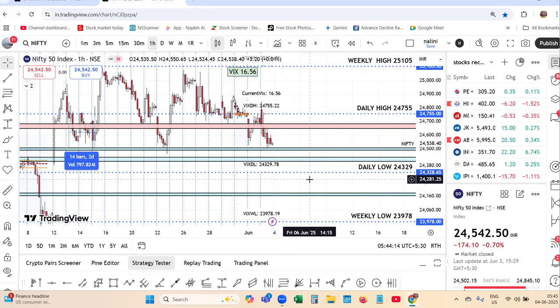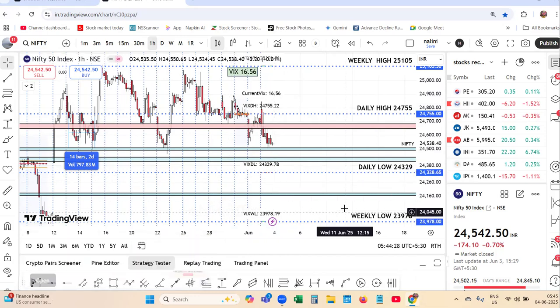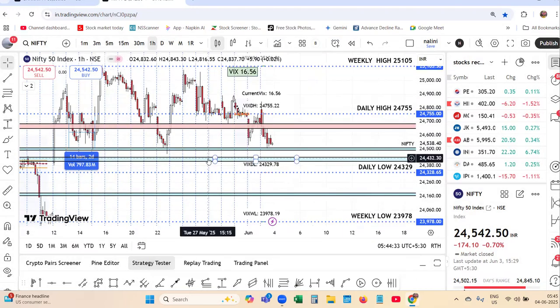And you need to be careful in the option market, because sometimes IV will be up and IV will be crushed. Because of IV crush, the premiums are getting decayed. Even the put option and call option premiums are decayed. So you need to be careful while trading options.